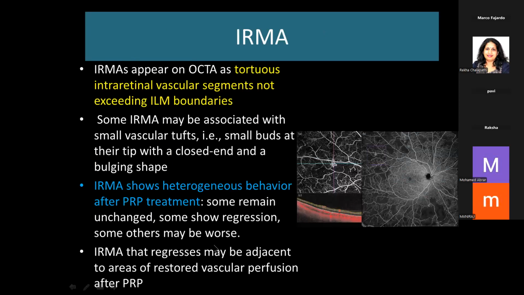One thing is you can closely follow up this IRMA, especially in PDR patients, those who develop it post-PRP also. So IRMA may regress, but those tend to regress earlier where there is vascular perfusion. Where there is capillary non-perfusion, these areas may not regress so early post-treatment.